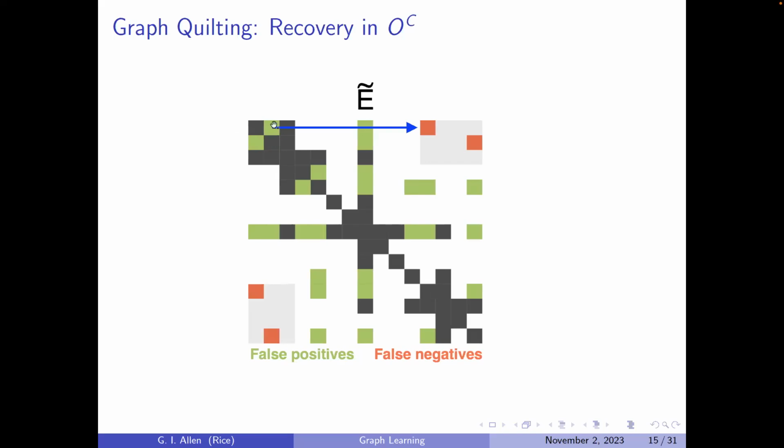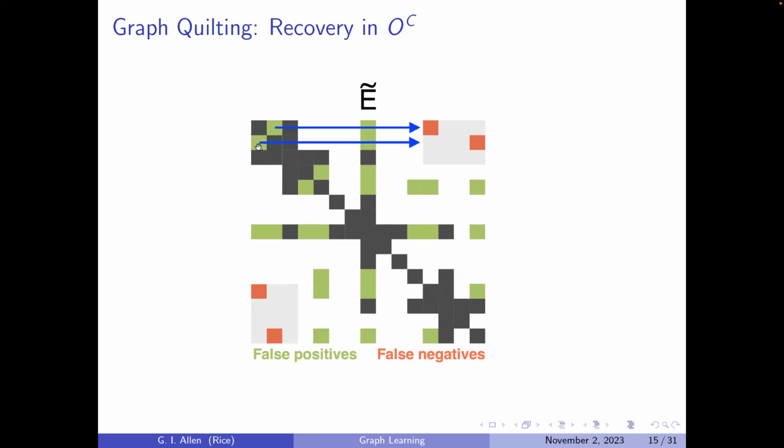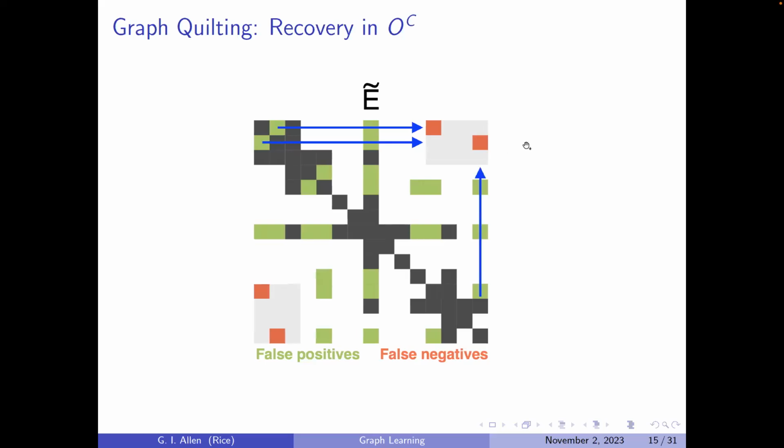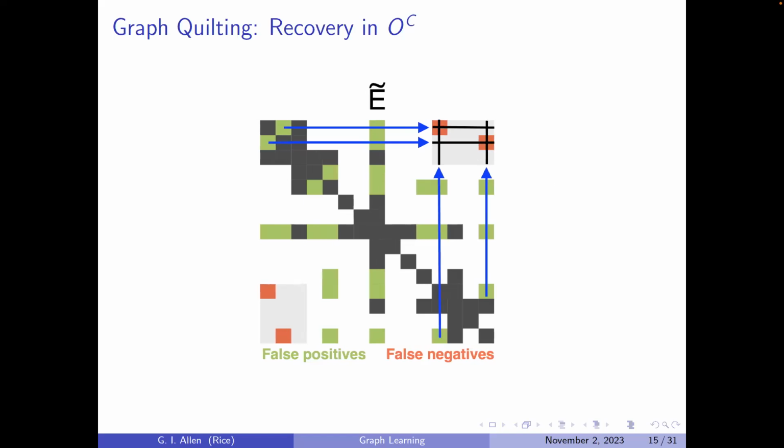A false positive can occur at this point in the graph if and only if there is a missing edge somewhere in O complement connected to this node. We don't know where, but we know it's there. And a false positive can occur here if and only if there's a missing edge on this node's neighborhood somewhere. We don't know where. Again, same thing here, if and only if. And suddenly we're left with a Cartesian product of 4 possible edges in O complement.